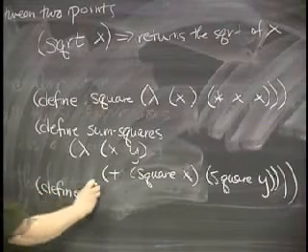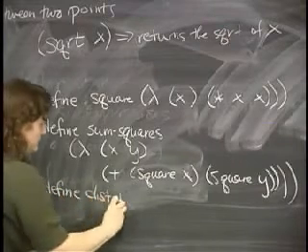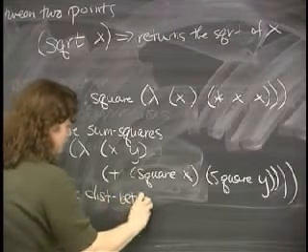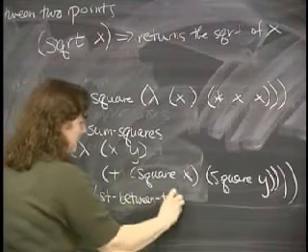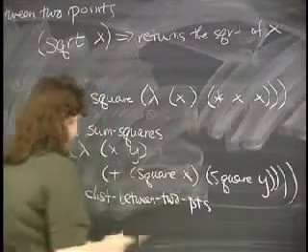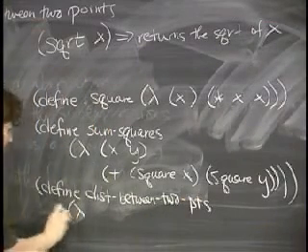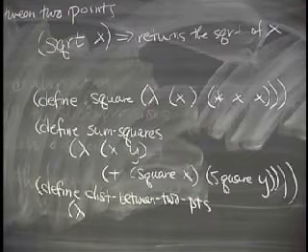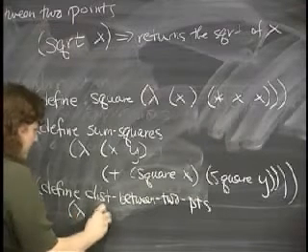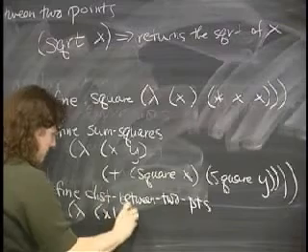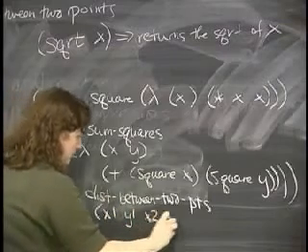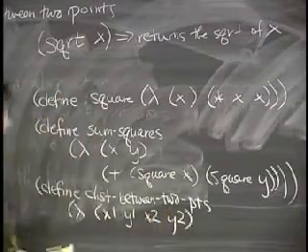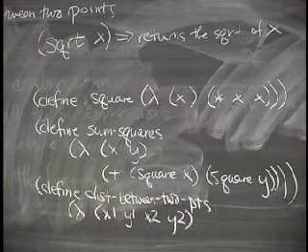With those two helper procedures, then we can define the procedure distance between two points. How many parameters here? Four. And let's call them x1, y1, x2, y2. So what do I want to do in the body here?